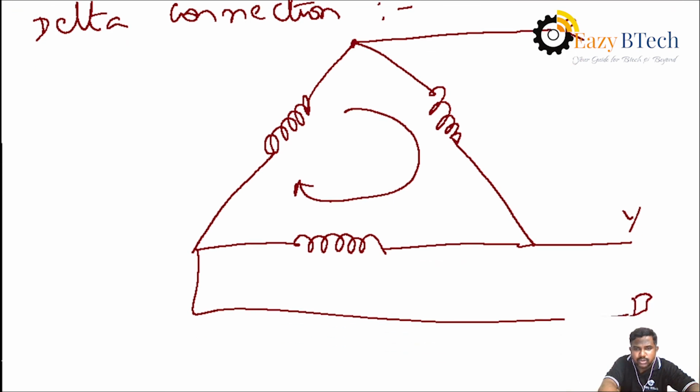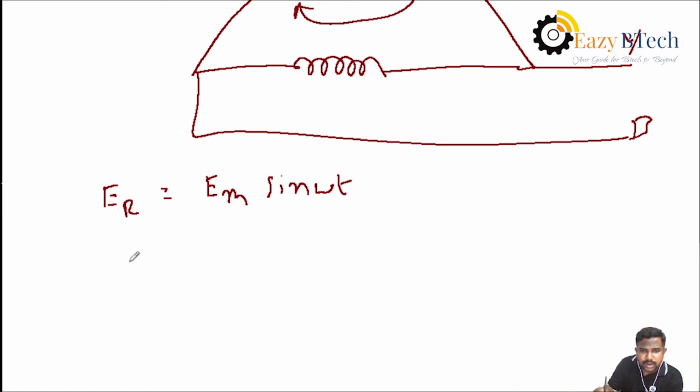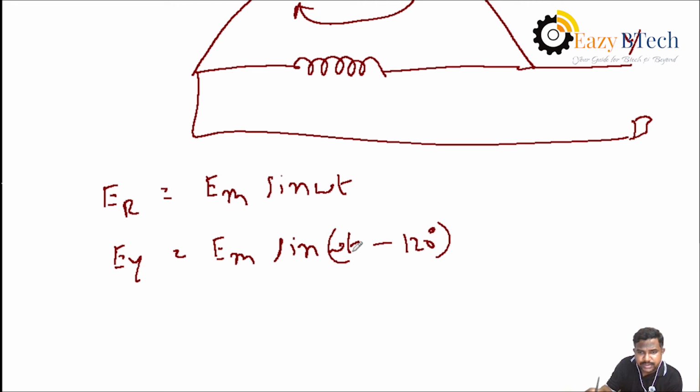Delta means it forms a closed loop. Apply KVL for the closed loop: all voltages will sum to 0. In delta connection, suppose we know the voltage of R phase, ER equals Em sin omega t. Similarly, EY equals Em sin(omega t minus 120 degrees), as the two phases are displaced by 120 degrees.